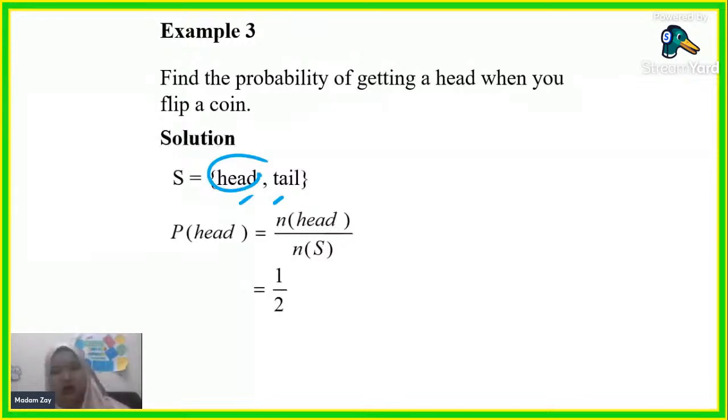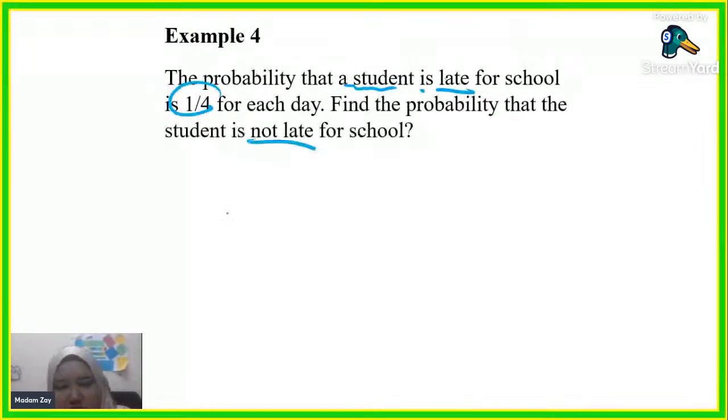Cool. So if it's late, the probability of late, so to not late, what is the probability? So what is the concept that we need to relate? Okay. So it's given as 1 over 4.